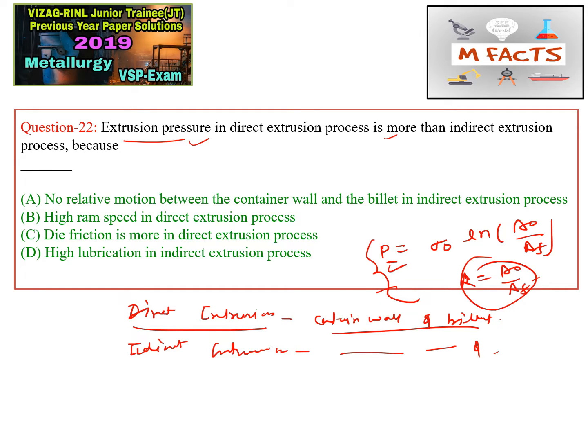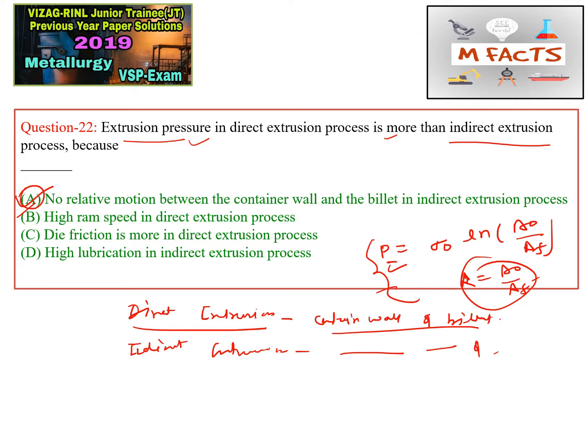This is the reason. If there is no relative motion between the container wall and the billet, the extrusion pressure will be less than in the direct extrusion process. So option A is correct for this question.